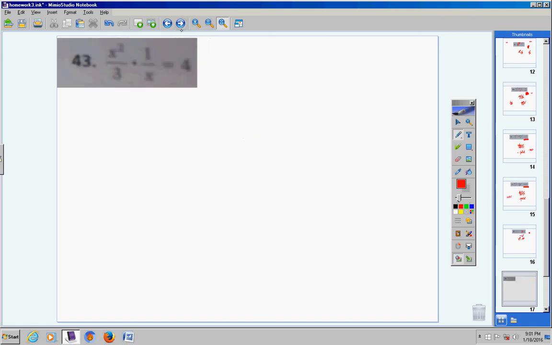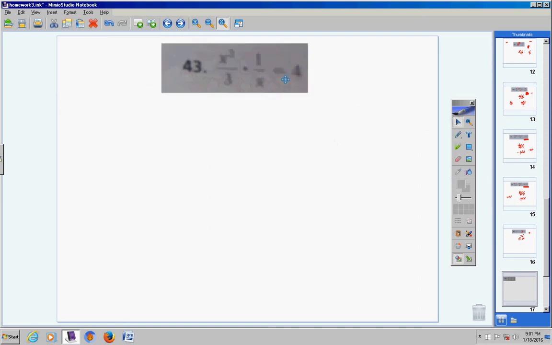Alright, number 43. Before you start solving this, I would, first of all, simplify this over here, okay? So here we go. Let's simplify this left side. X squared times 1 is X squared, okay? 3 times X is 3X.